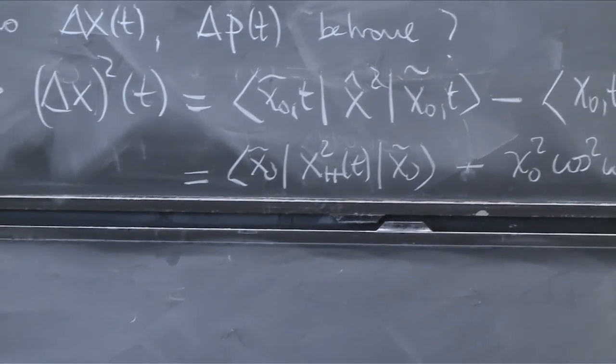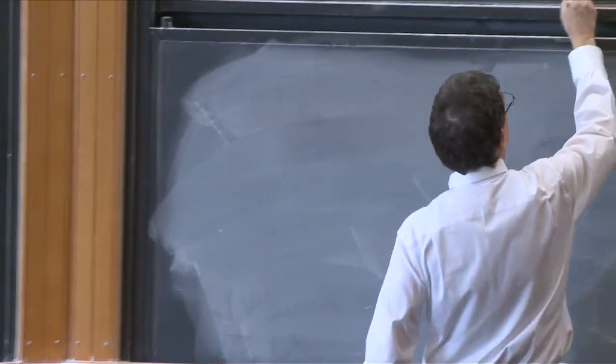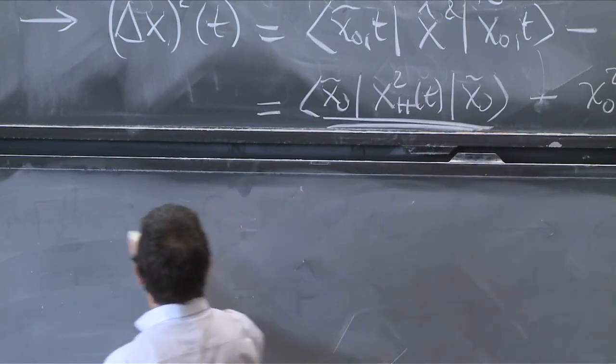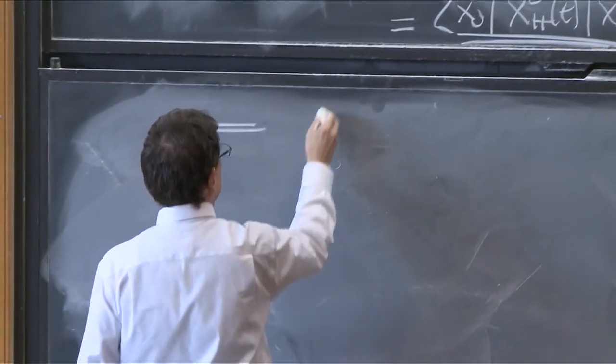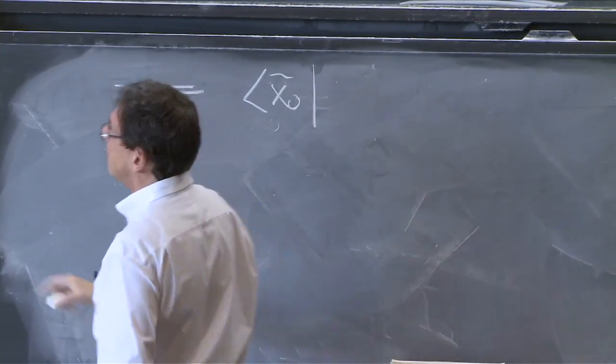So what do we have to do? We have to focus on this term. So this term is equal to x naught, and you have x Heisenberg squared.